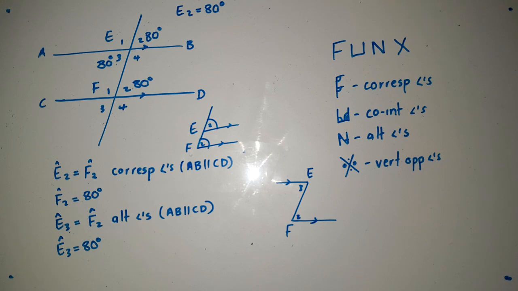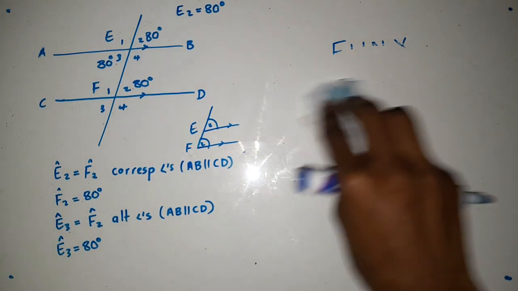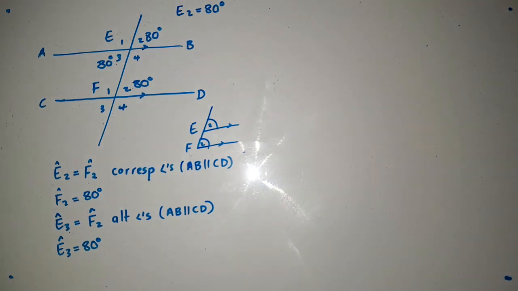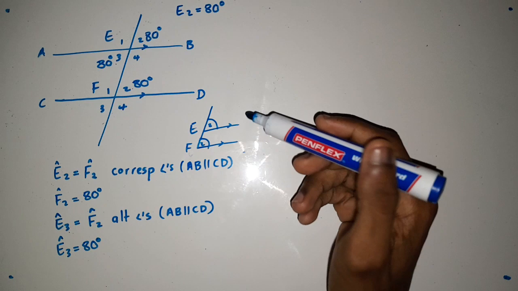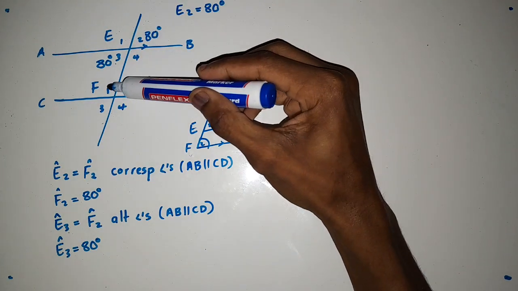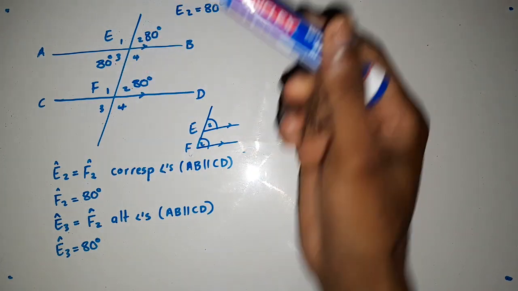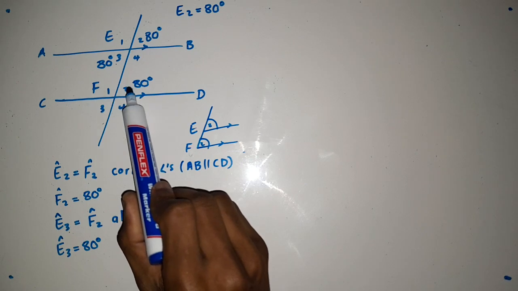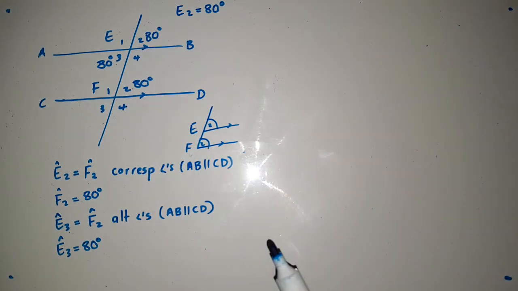I don't have much space. Let me erase this side. Then now, let us figure out the value of F1. You see, I just go randomly, then check. For F1, you can say F1 and F2 are equal to 180, angles on a straight line.